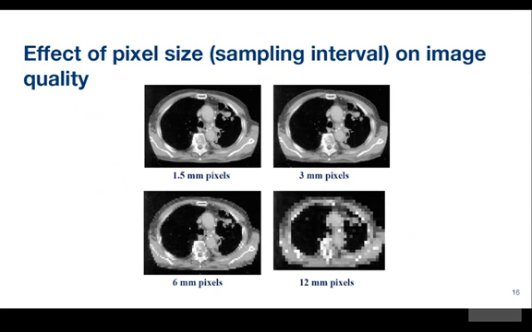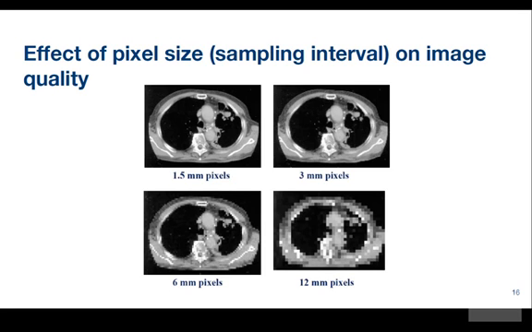And this illustrates the effect of those pixel sizes, or the sampling intervals, on our images. We've got 1.5 millimeter pixels on this CT slice. Then a factor 2 increase in that. Again, another factor 2 to 6 millimeters, and we can quite clearly now start to see the pixelated nature. This isn't high enough resolution or sampling interval to really see the fine detail in that CT image.